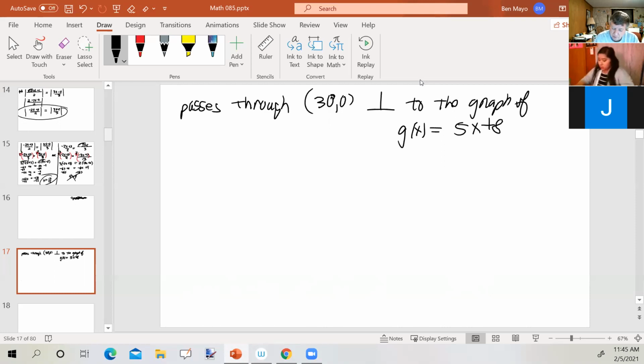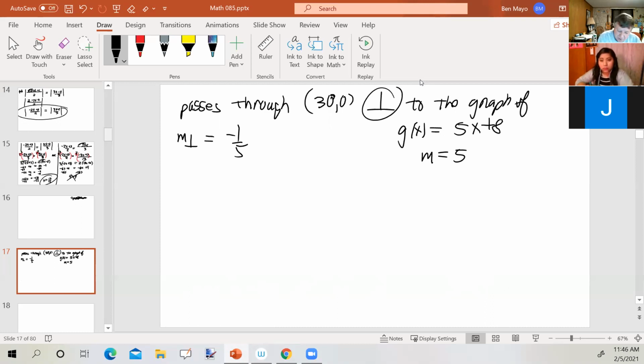All right, first of all, g of x equals 5x plus 8. The slope of that function's graph is 5. Are you okay with where I got that? Yes. Okay, because the two lines are perpendicular, the slope of this one is going to be negative 1/5.